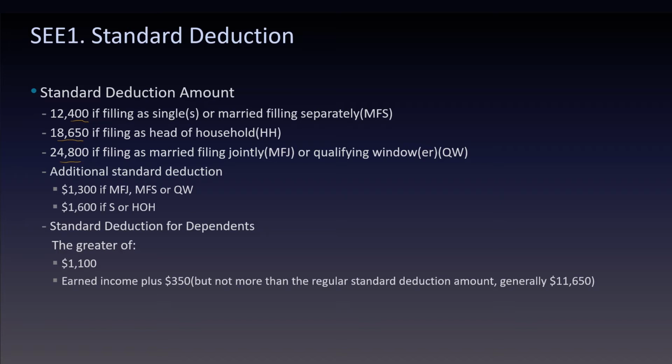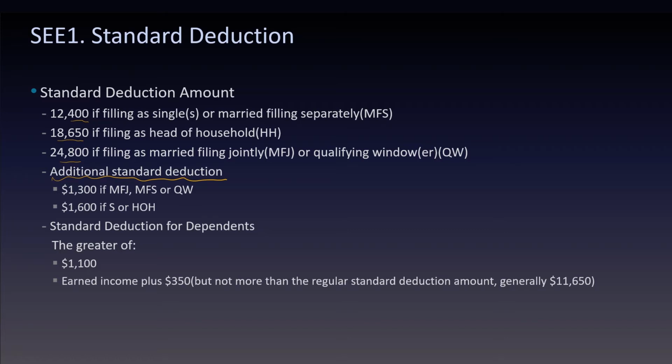If your spouse is 65 or older, you may increase your standard deduction by $1,300. If both you and your spouse are 65 or older, you may increase your standard deduction by $2,600. So the additional standard deduction is also based on your filing status.